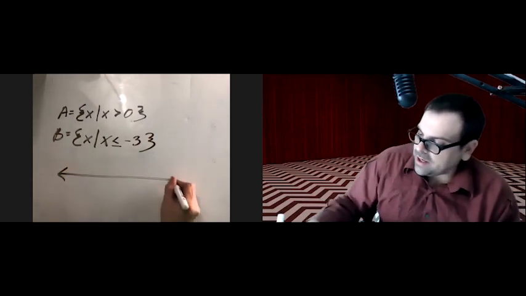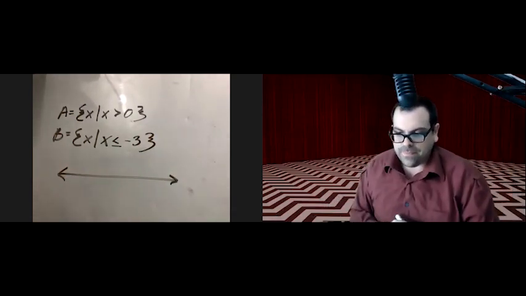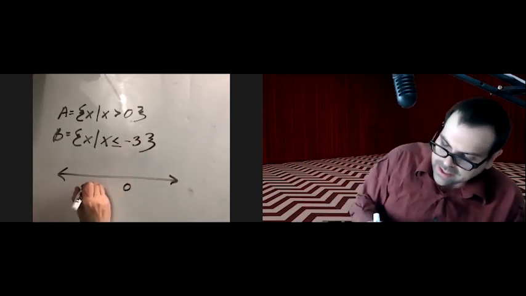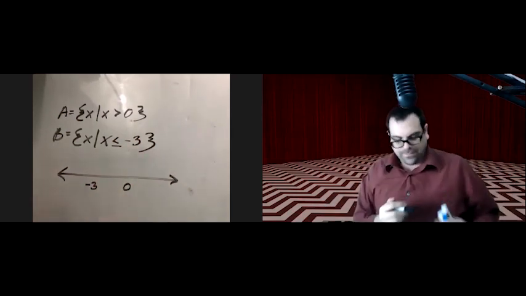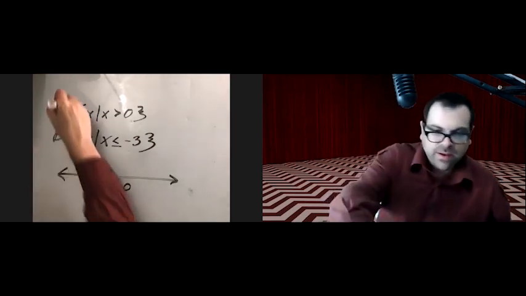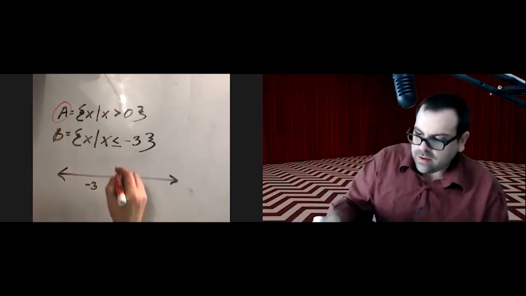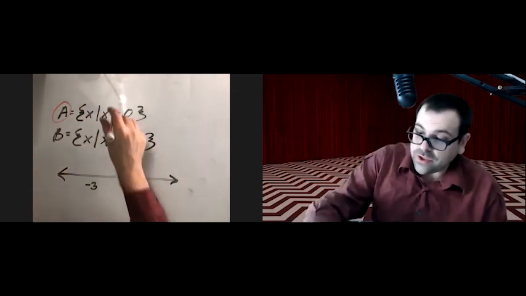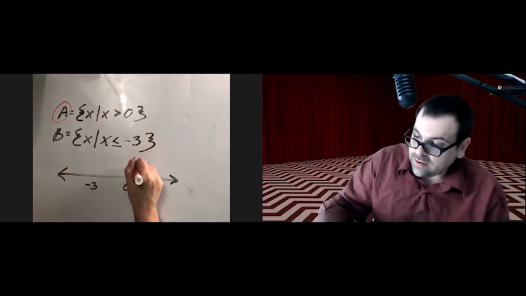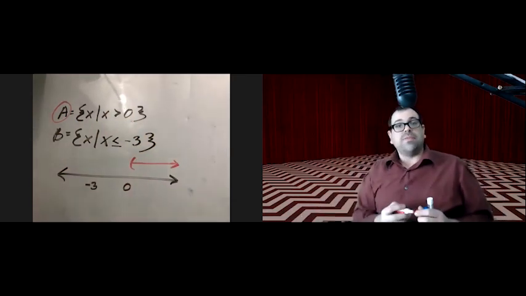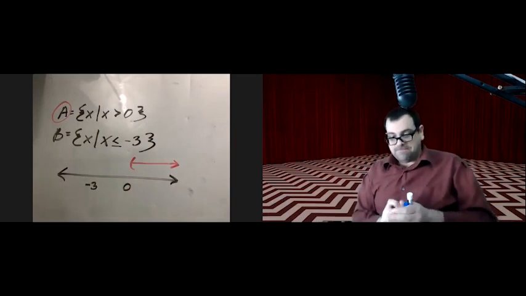So what do I need on my number line to graph? I'm going to need 0, and I'm going to need negative 3. I'm going to go ahead and graph A. A is greater than, just greater than 0, not or equal to. So parenthesis, not a square bracket.